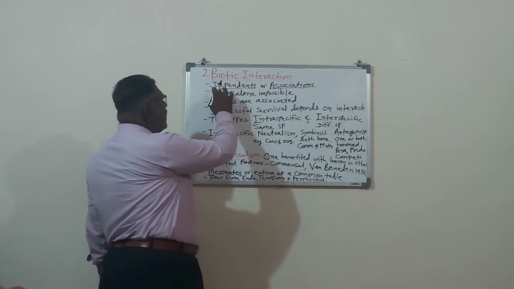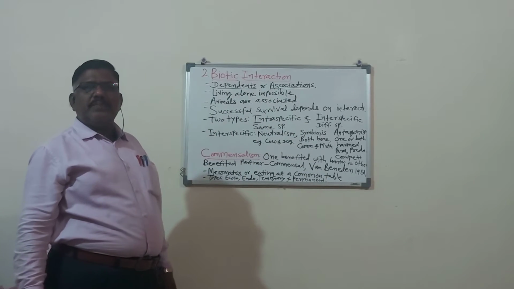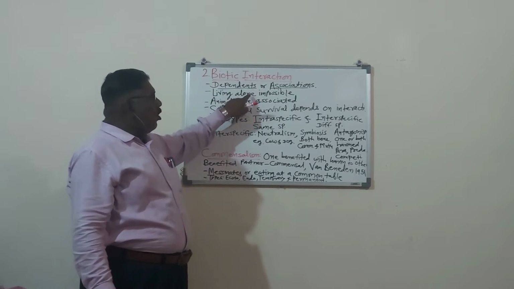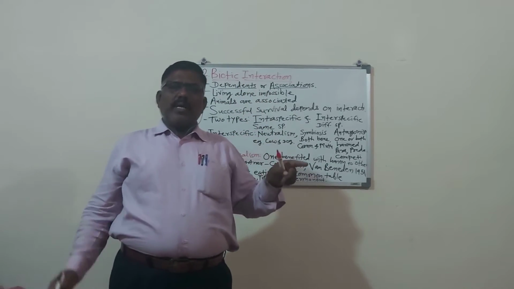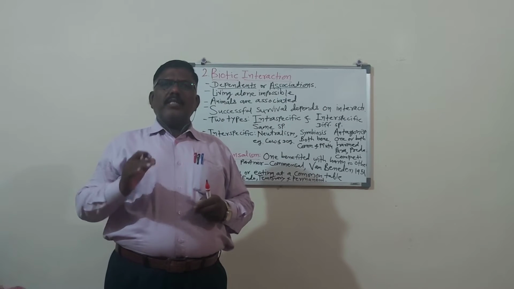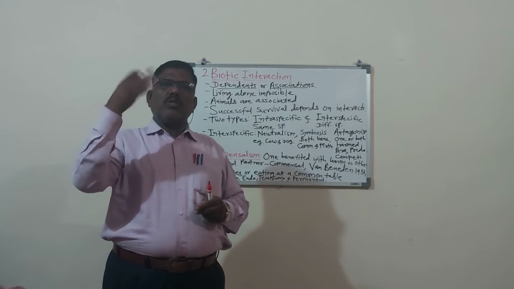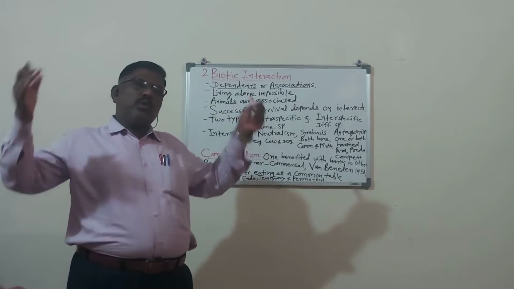This biotic interaction is very important, or has more significance, because living alone is impossible. Imagine you have everything in a large house and there is no interaction with other people or other communities anywhere. You live in a large house.